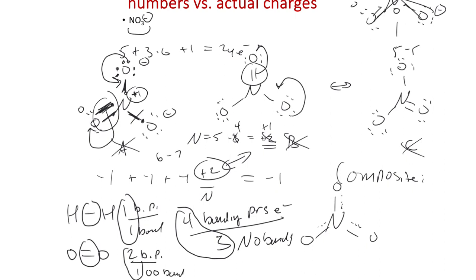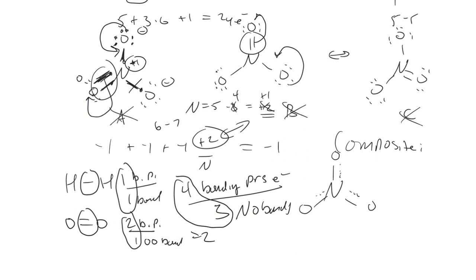We can describe the bond type as single, 1, double, 2, triple, 3. If I had nitrogen, nitrogen, triple, the bond would be 3 bonding pairs of electrons spread across the 1 bond. So that's a triple bond.